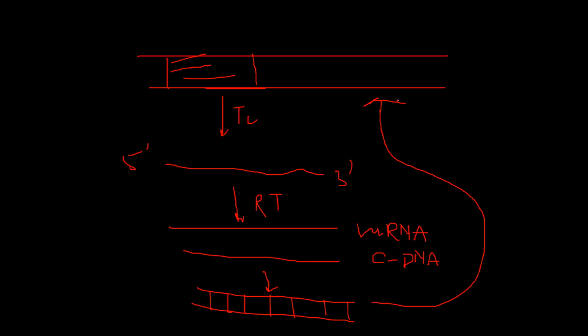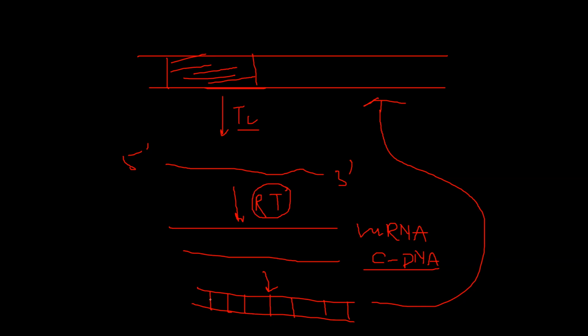Ma'am, can you please repeat? My network had a problem. Okay. See, which mechanism do retrotransposons follow? Copy and paste mechanism, and genome size gets increased. If this is a transposon within the genome, it gets transcribed into mRNA, and then there is reverse transcription of this mRNA strand, so we have the cDNA, the complementary DNA.